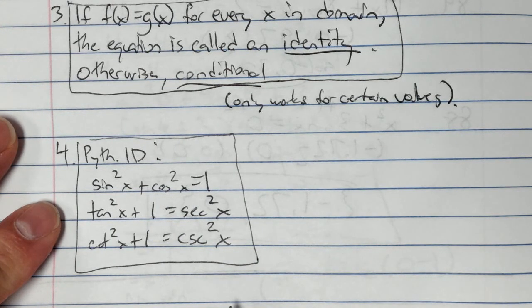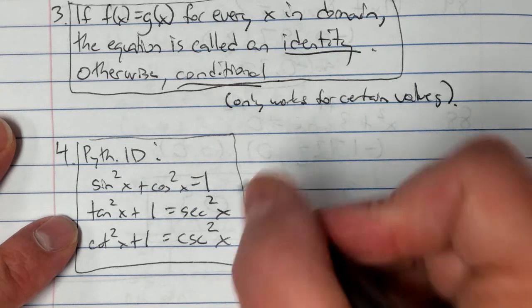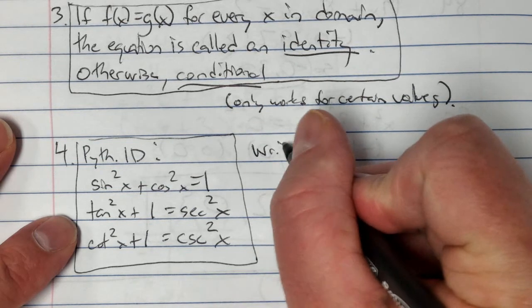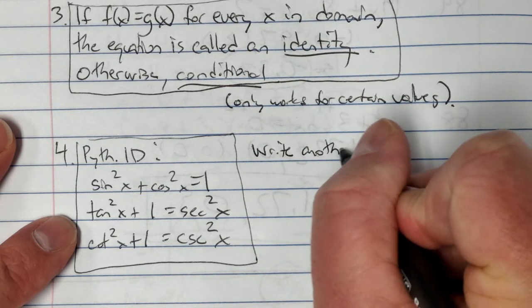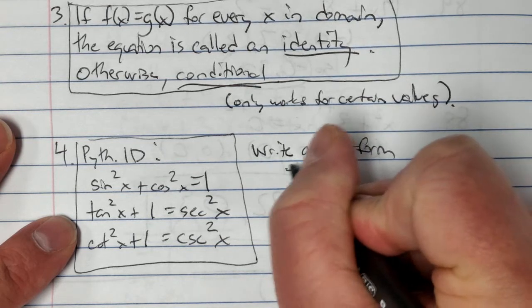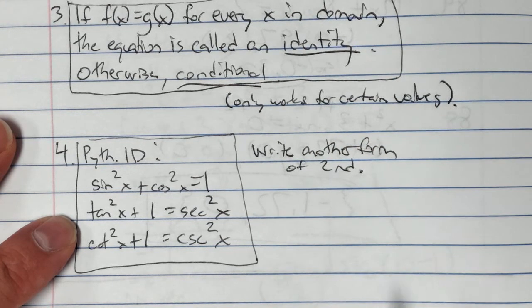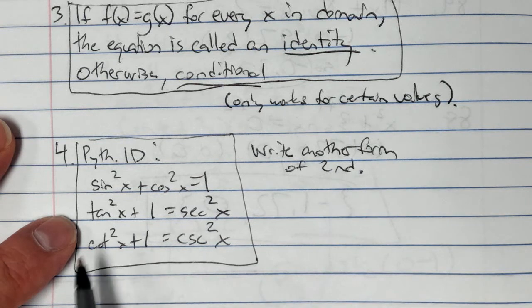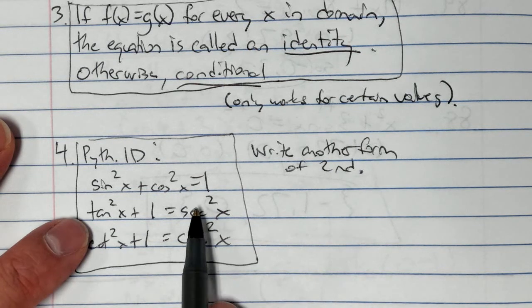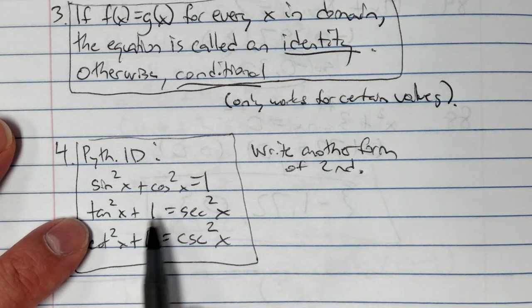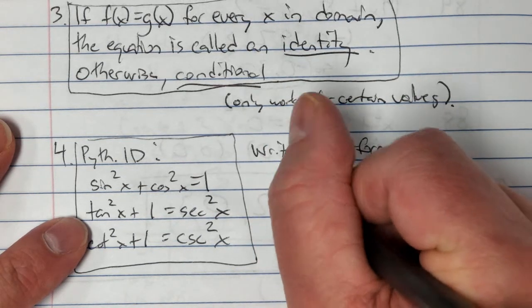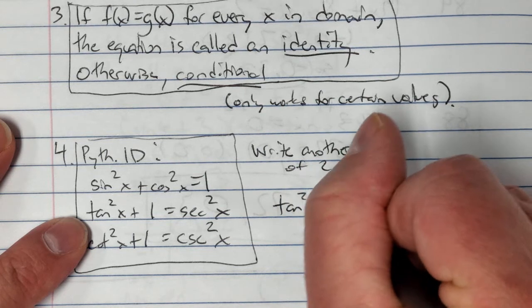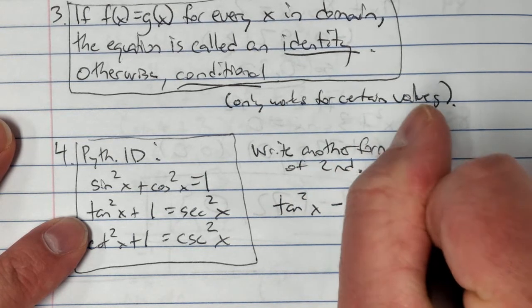And then what we want to do is write another form of the second one. So what we're going to end up doing is moving the secant squared over and moving the 1 to the other side. So we're going to have tangent squared x minus secant squared x equal negative 1.